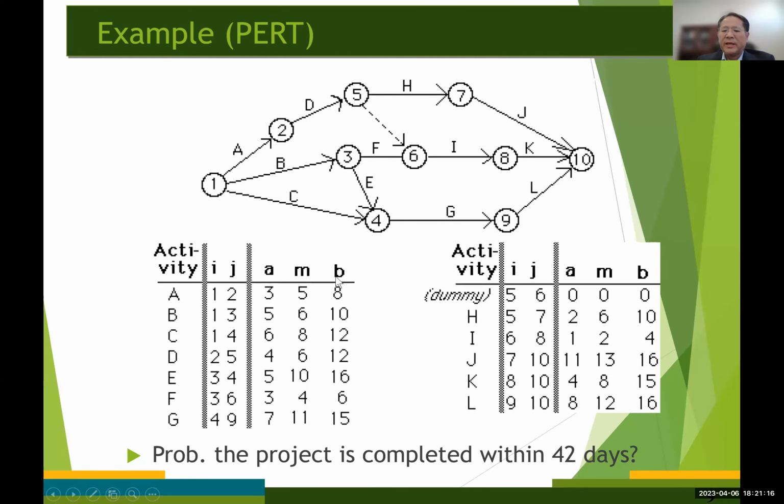Those are the A, M, and B for each activity in this AOA network diagram. And we'd like to determine the probability that the project is completed within 42 days, okay?